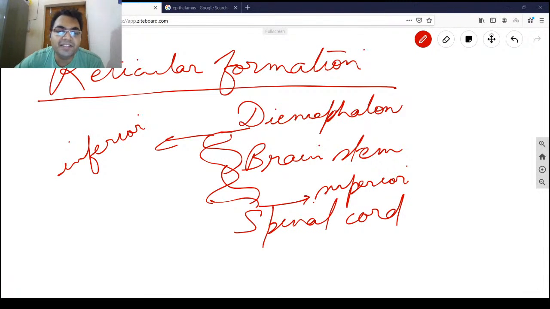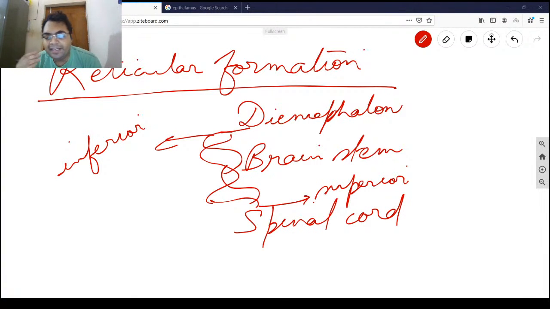Okay. Always remember this fact. Then what happens is neurons within these specific reticular fibers have both sensory and motor functions, and they form something known as the reticular activating system. The sensory portion of this will form the reticular activating system, which consists of only the sensory axons that project into the cerebral cortex.